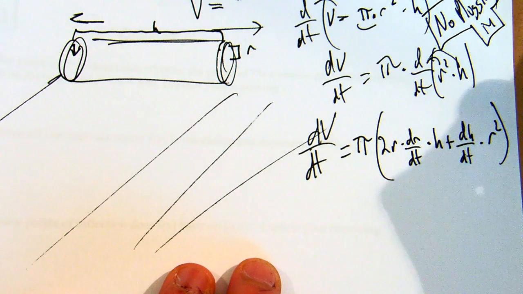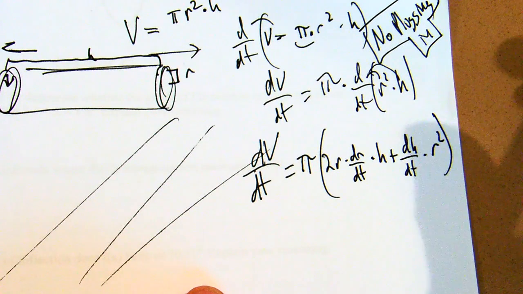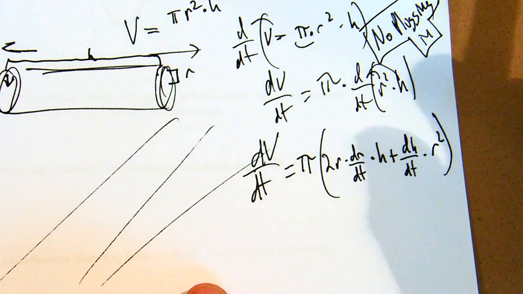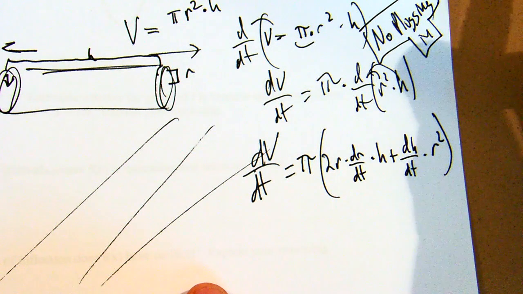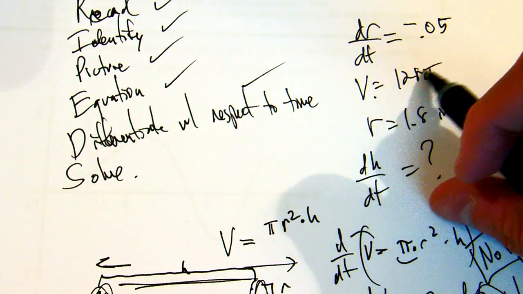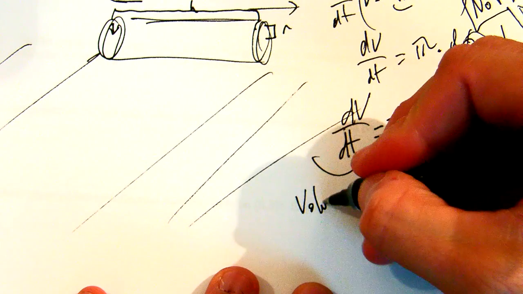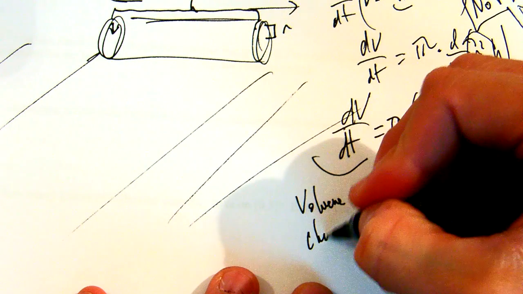Now we have this equation, and we're going to plug in what we know. What do we know? Well, the volume is this here. And this is an interesting idea, because dV/dt is how the volume is changing, right?